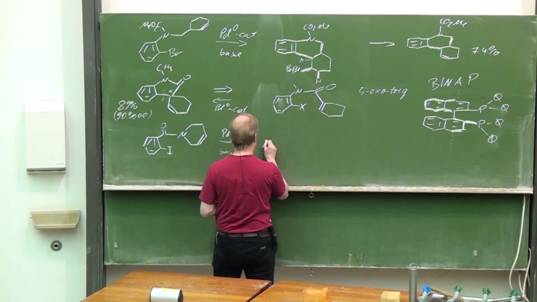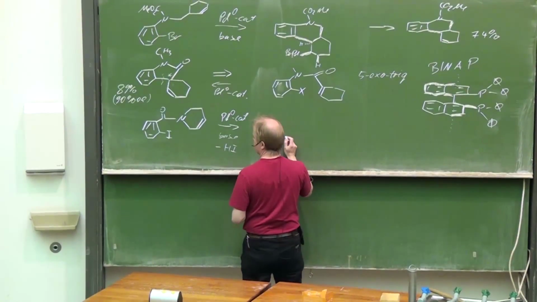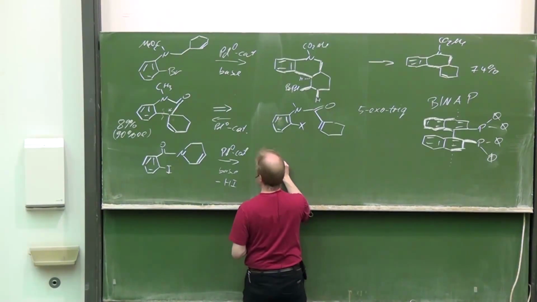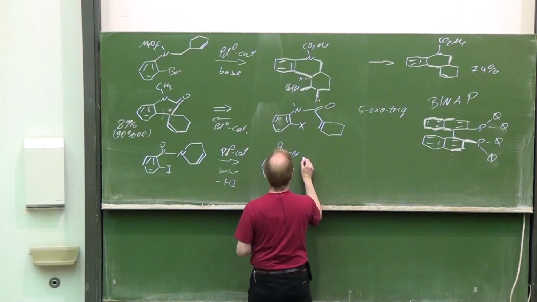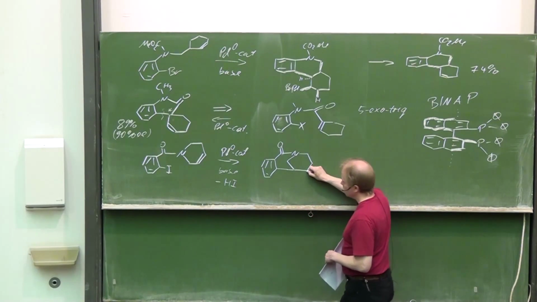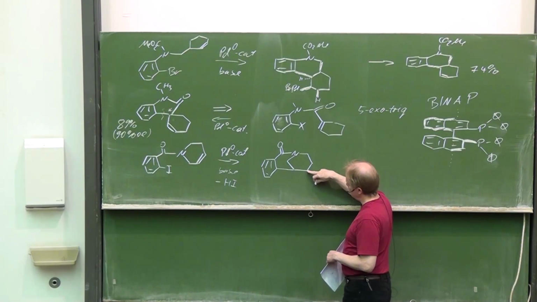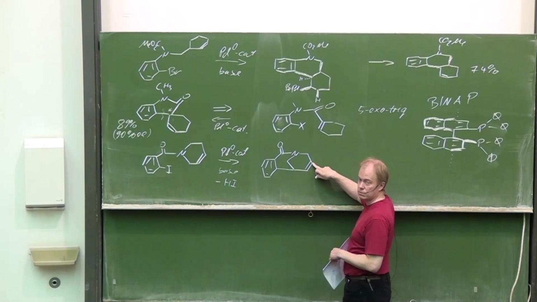Well, but nevertheless, let's draw that. So, the palladium iodide would be located at this position, and a syn elimination would then occur here.